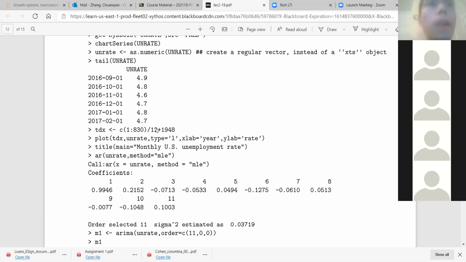You divide by 12. For example, for 1948, the January, first month, that's going to be 1 divided by 12. The second month, 2 divided by 12. So in this case, you can convert the calendar date to a numerical number when you plot them.